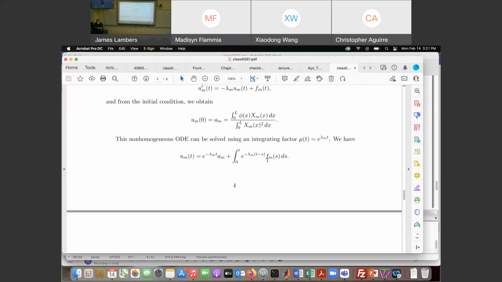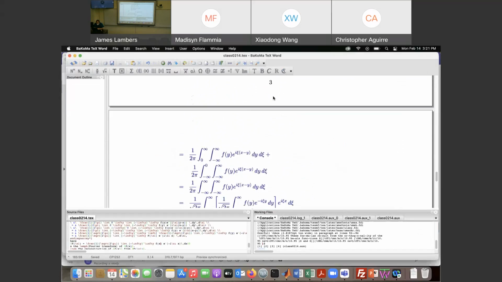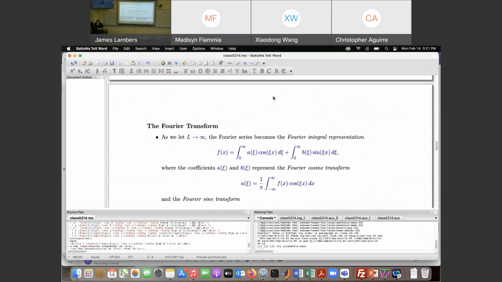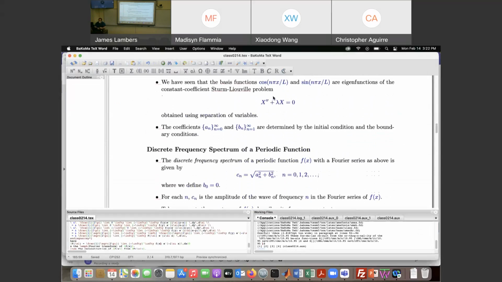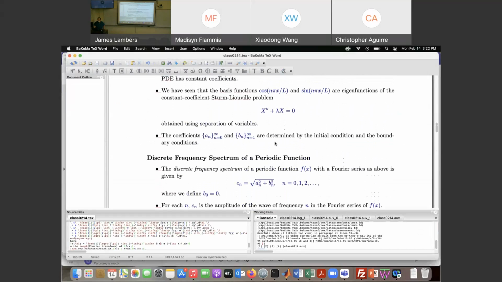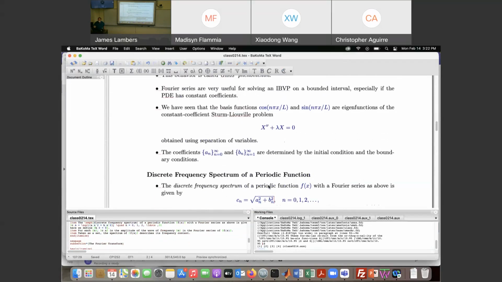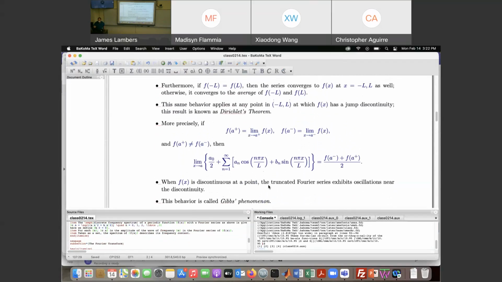Yeah. This is about the notes about the discrete frequency spectrum. That's related to the Pythagorean theorem, right? Sort of. Where this formula comes from is the fact that you're expressing your function f as this combination of sines and cosines.